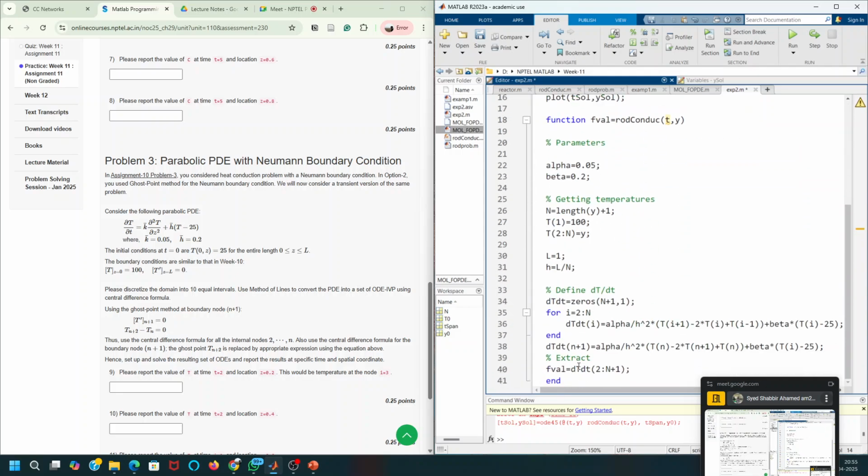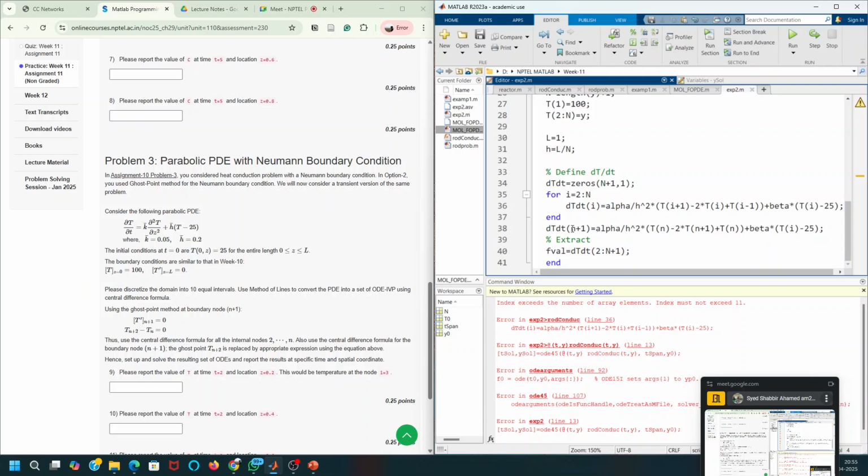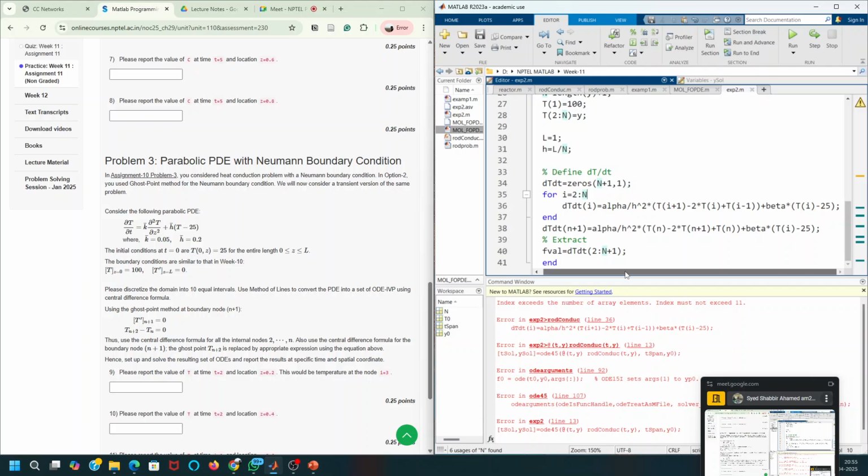Now everything will be fine. Okay, now again we have some problem. Index must not exceed 926.